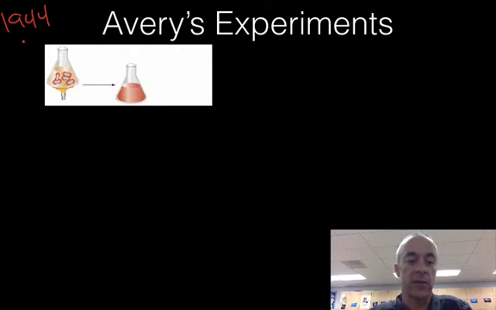So again, he took some of that strep bacteria, he boiled it, but then he just isolated the liquid. He got rid of all the cellular debris, and he just isolated what was left behind in that liquid. So when he boiled the bacteria, they would break apart, and he would strain out all the membrane components and all the other stuff that was there and just leave behind this liquid.